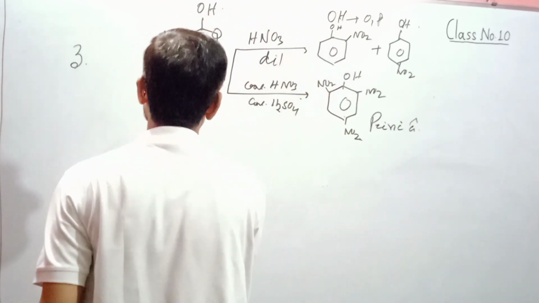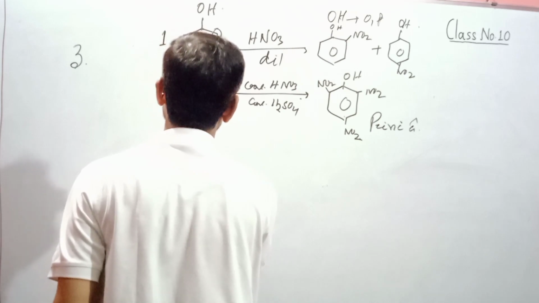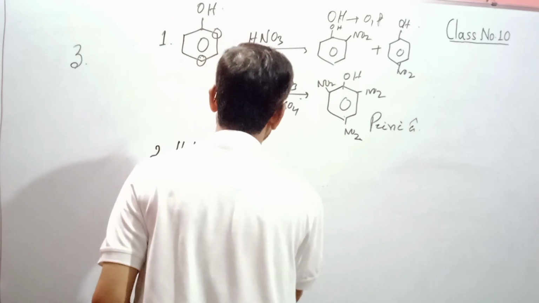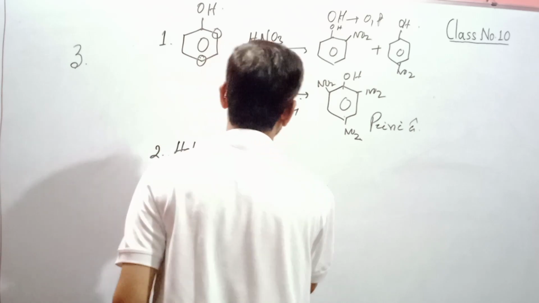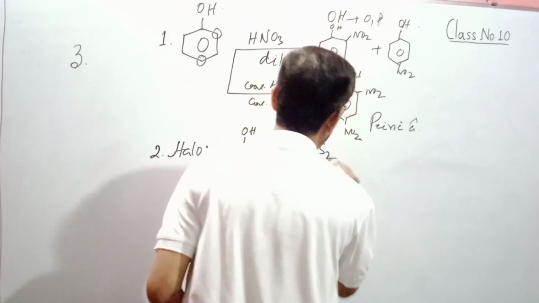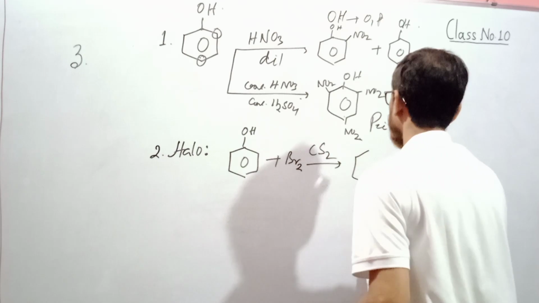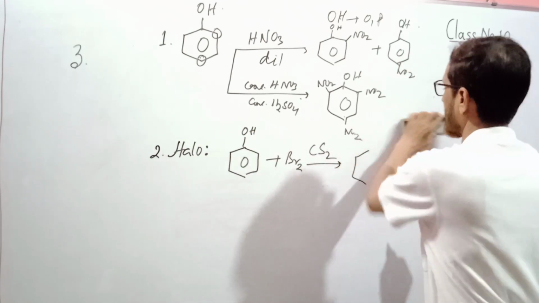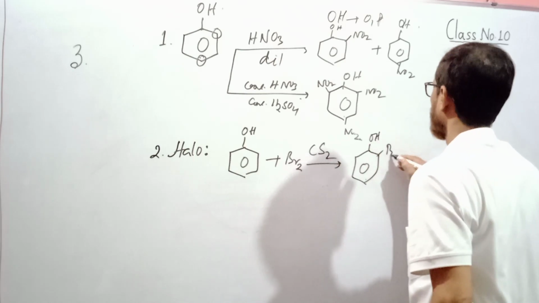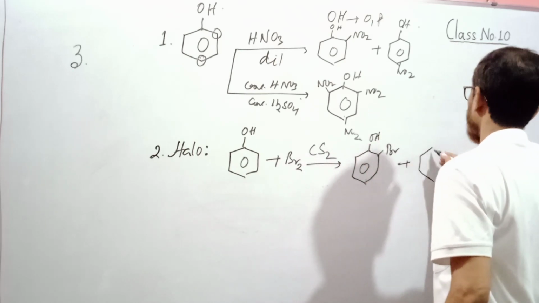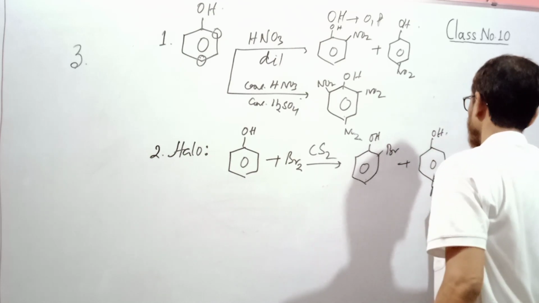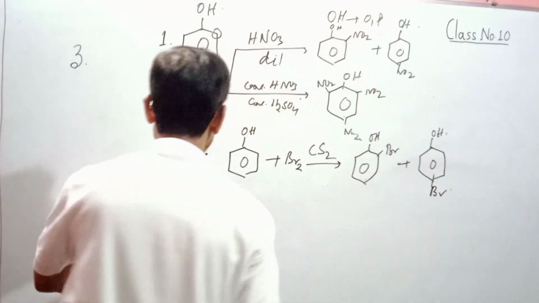So nitration is over. Number two, halogenation. Halogenation reaction is with bromine, and if bromine is in carbon disulfide solution, then bromine will once enter in the ortho position, and another time bromine will also enter in the para position.